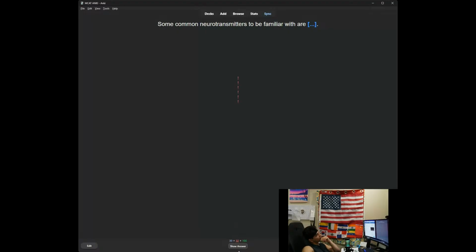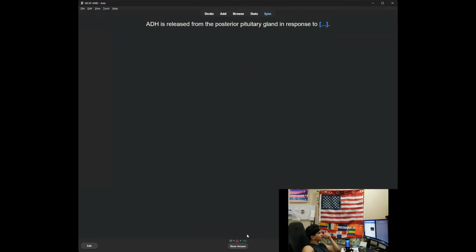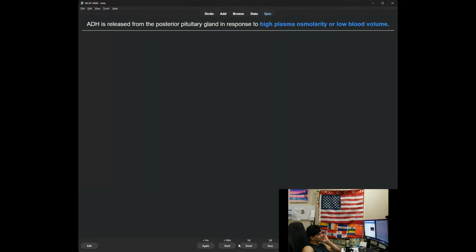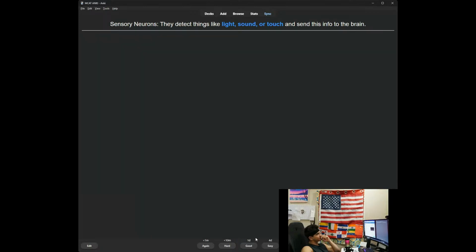Just those three pretty much. High blood osmolarity or the blood volume. Light, sound, touch, anything sensory basically.